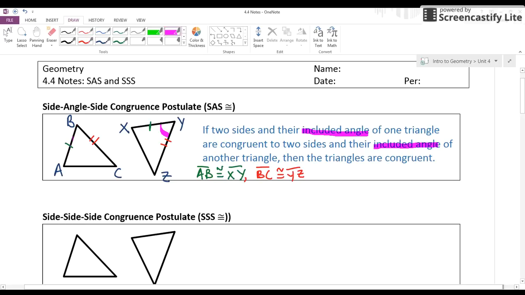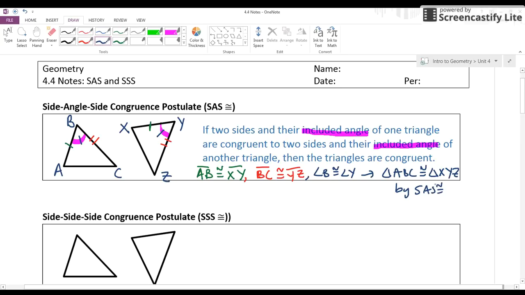So again, what we need to see is that this included angle Y is congruent to the included angle here for ABC, which should be angle B. So if we were given that angle B is also congruent to angle Y, then we can conclude that triangle ABC is congruent to triangle XYZ by the SAS congruent postulate.